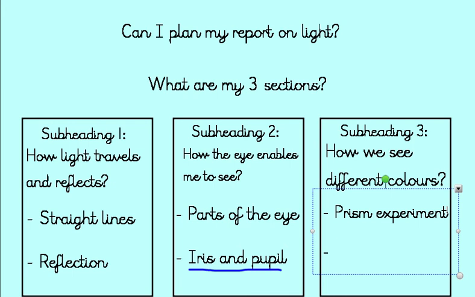Or because it contains the colour red, we can see the colour red. So that's why we looked at that prism experiment and looked at how different colours are shown in light.